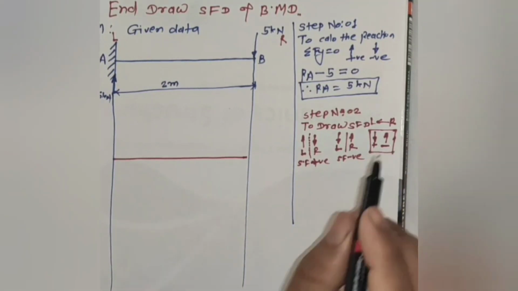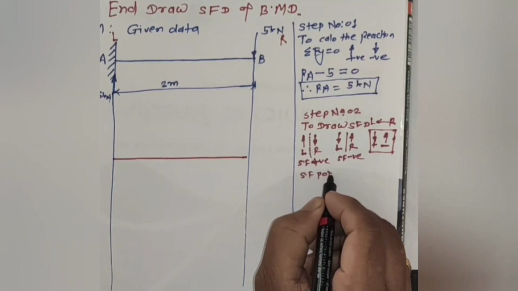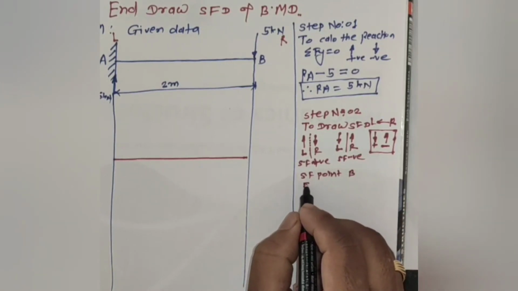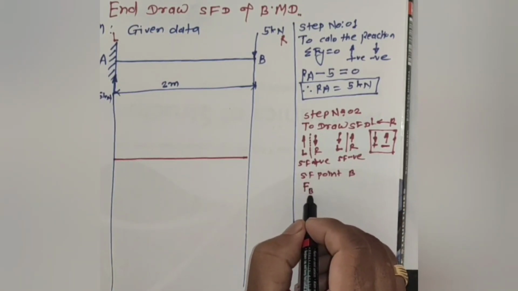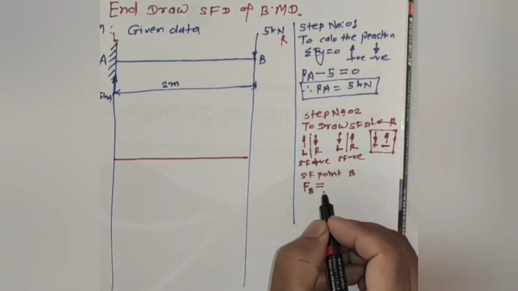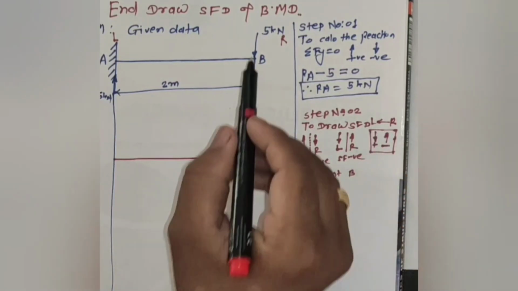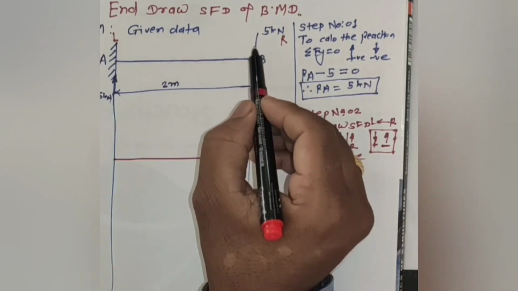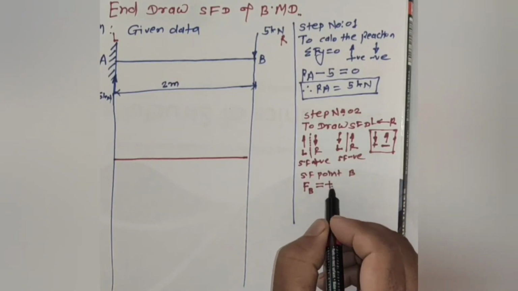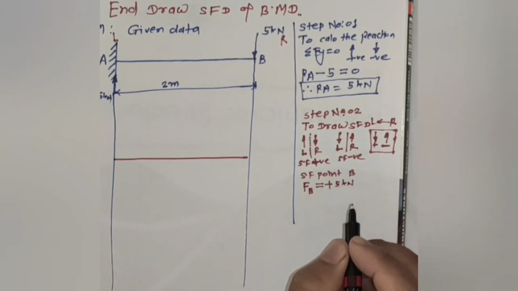Let's see, shear force at point B. SF means nothing but the shear force, and SFB is the shear force at point B. Let's see the sign convention, right to left. This force goes downward, take it positive. Notice the magnitude is 5 kilonewton.